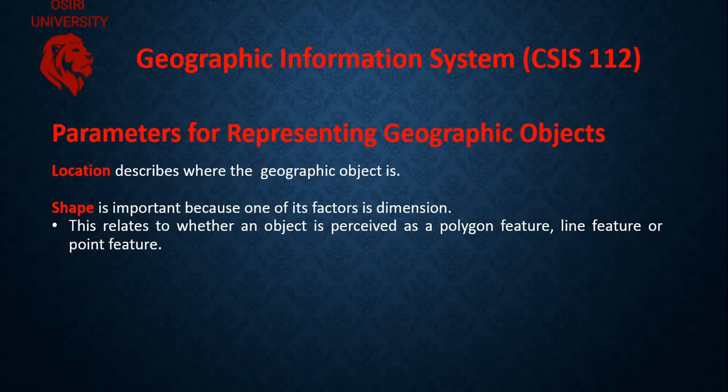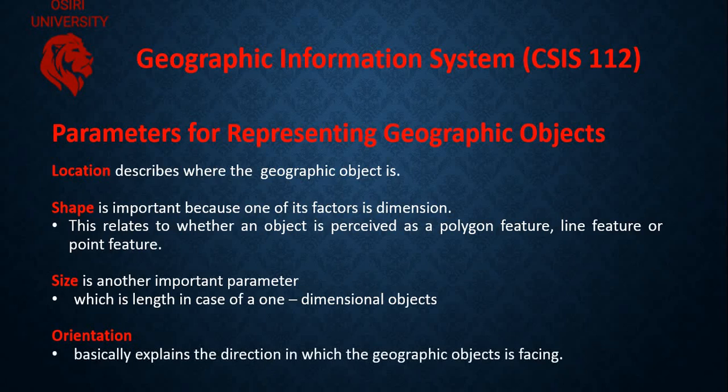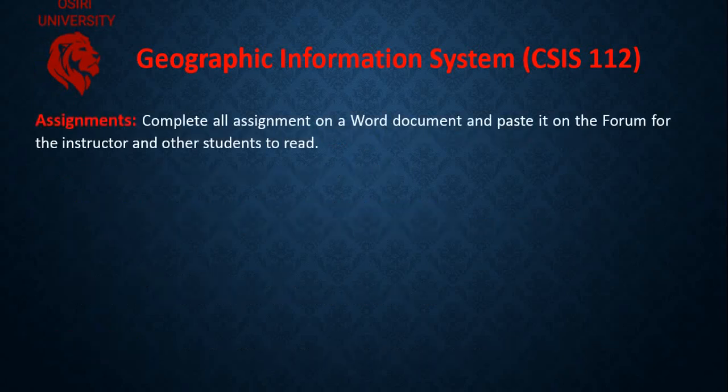We've discussed this before: how vector data are modeled using the different polygon feature, line feature, and point feature, etc. Now, size is also another important parameter because it gives an idea of the length of a geographic object in the case of a one-dimensional object, for instance. And orientation explains the direction in which the geographic object is facing.